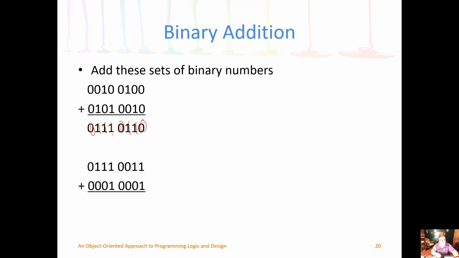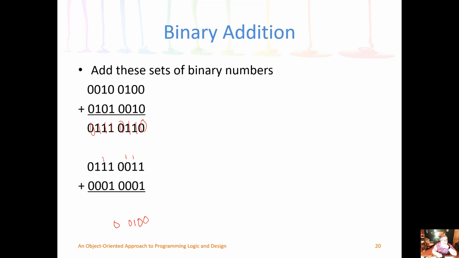Okay, so now we have a 1, 1. Let's see. 1, 1, which is 0, but I have to carry the 1. 1 and 0 is 1, but I have another 1, so that becomes 1, 1, 0. Carry the 1. 0, 0, 1. 0, because I carried the 1. 0, 0, 0. 1 and 1, 0.